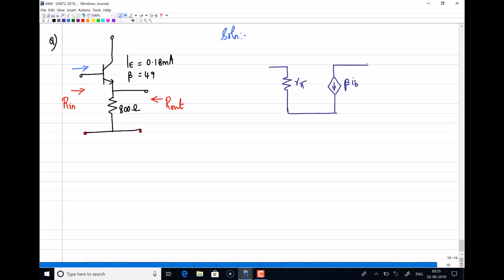This is the equivalent circuit of the transistor. Only that part is done. The emitter side I'll leave as such, and the collector side, we have no idea about it, so we'll leave it as it is.